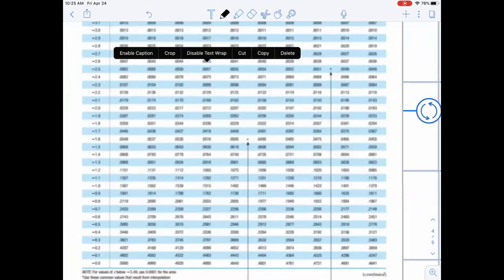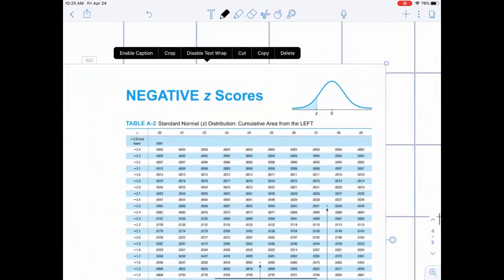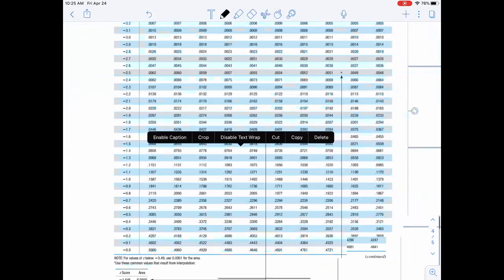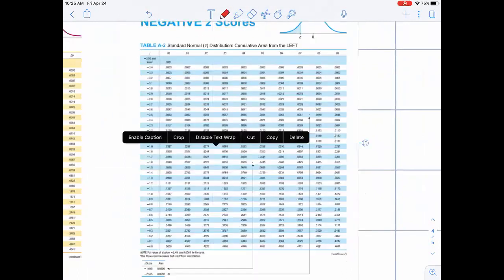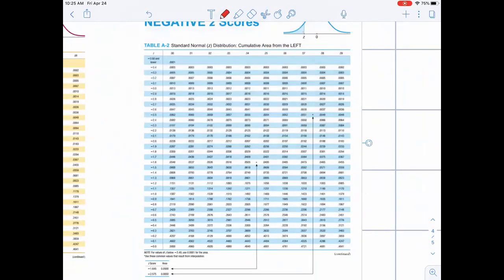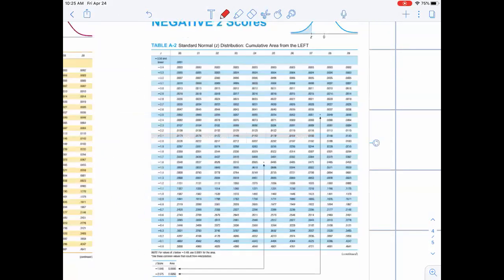If I look at this for -0.60, we want to look at this column here, and -0.6 would be here.